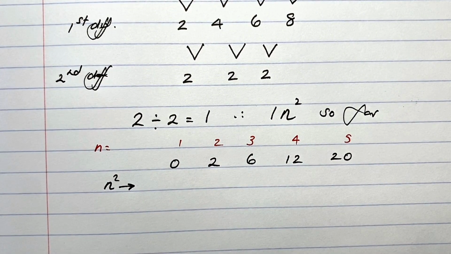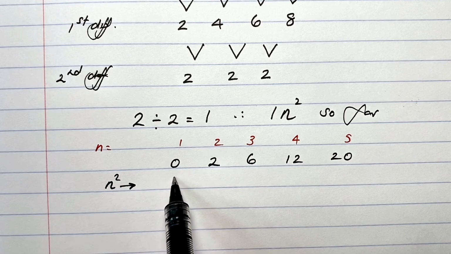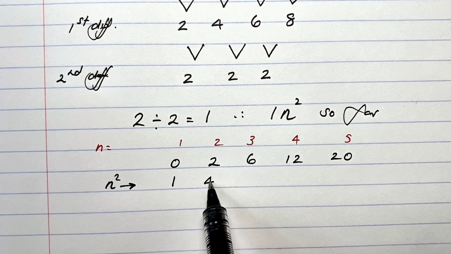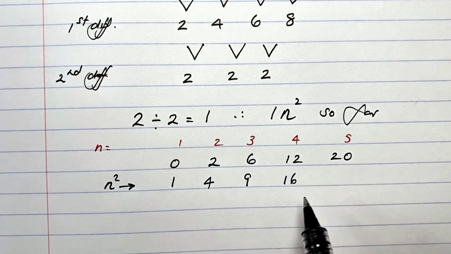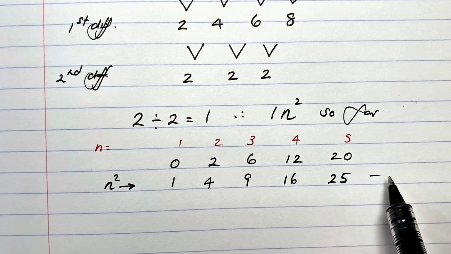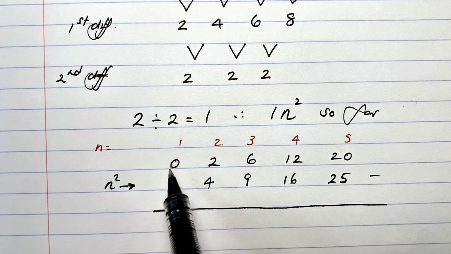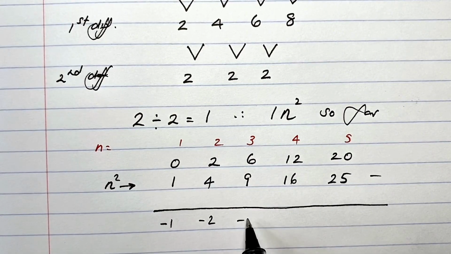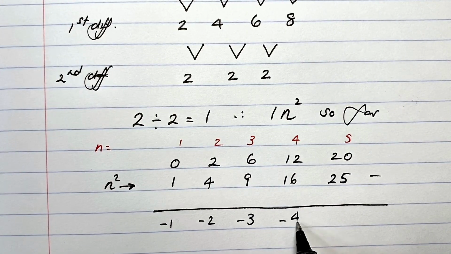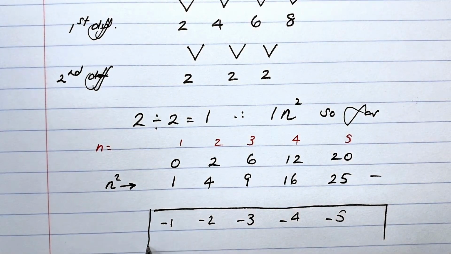When n is 1, 1 squared is 1, 2 squared is 4, 3 squared is 9, 4 squared 16, and 5 squared 25. Let's find the leftovers. 0 take away 1, 2 take away 4: minus 1, minus 2, minus 3, minus 4, minus 5. These are the leftovers.